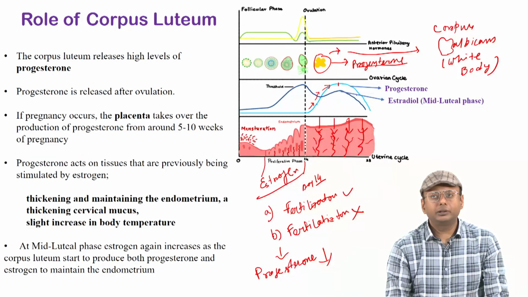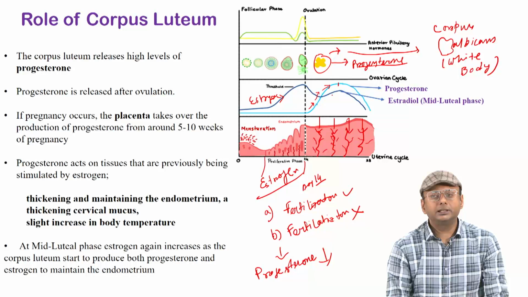One last thing to remember, for this estradiol or estrogen hormone, this dark blue line, initially there was a dip just because the granulosa cells got converted to corpus luteum cells.